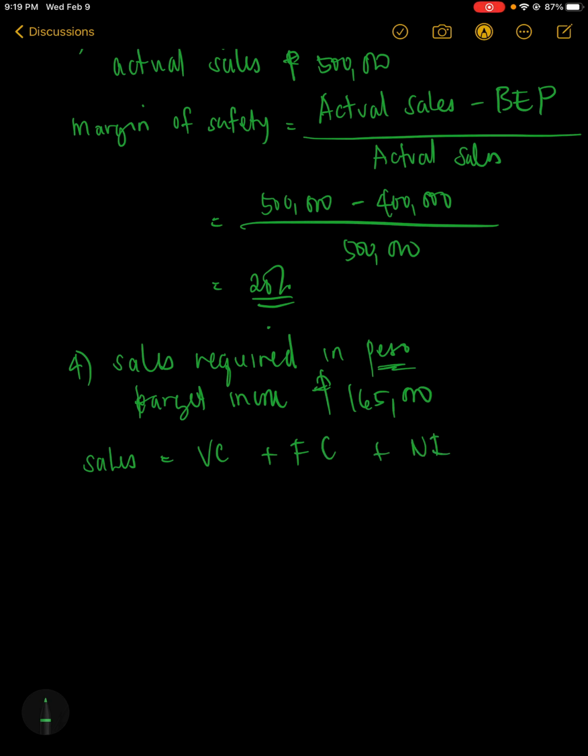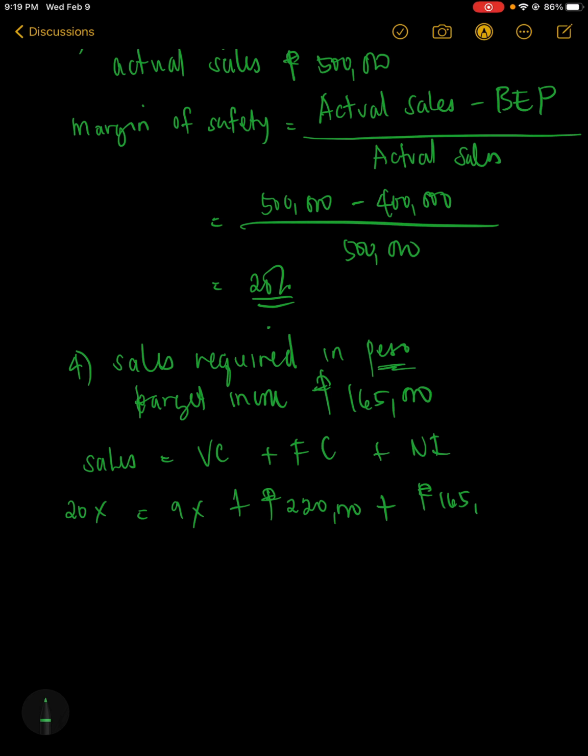So, for our sales, we have the same data, 20 pesos is the selling price, times the quantity we need to sell. Our variable cost is 9 also, times the quantity. Our fixed cost is 220,000, based on our given. And, our net income, earlier it was 0, because we were looking at the break-even point, but now you have a target income of 165,000.